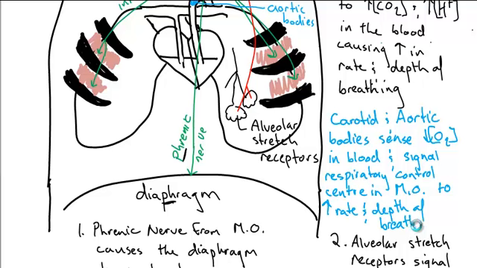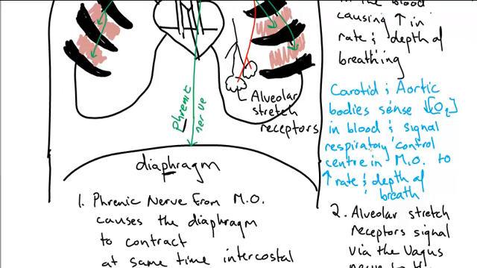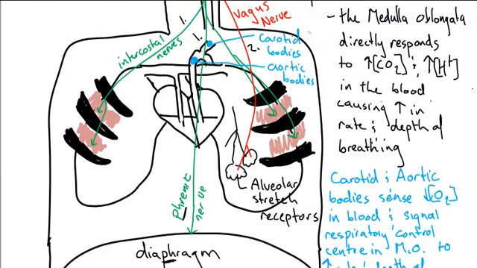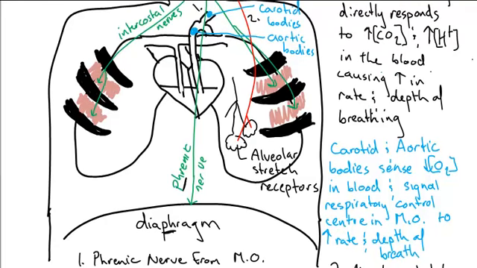So while the MO can directly sense increased CO2 levels, which would also be accompanied by increased hydrogen levels due to the way that the carbonic acid breaks down into H+ as well as bicarbonate ions, you're going to momentarily increase your H+ ions before it binds to the hemoglobin, and that's detected by the medulla oblongata.